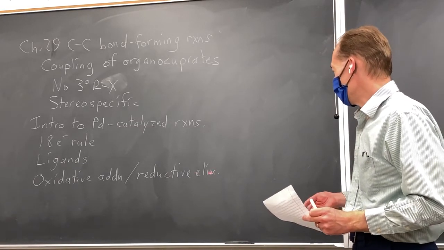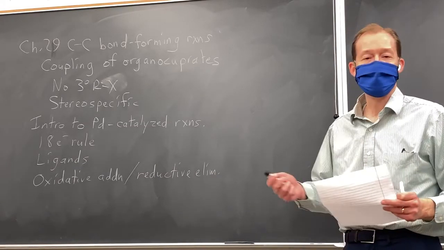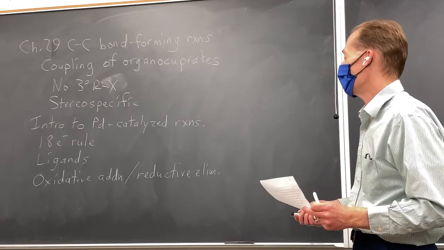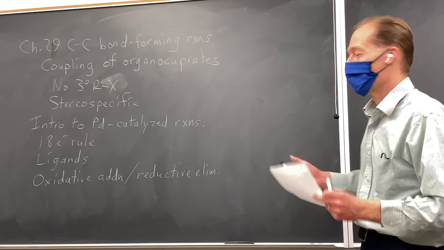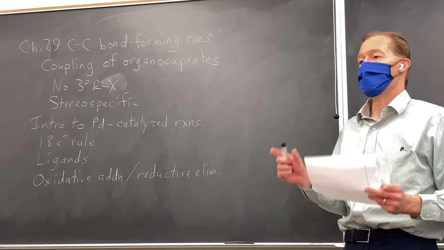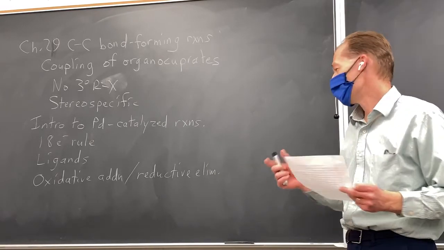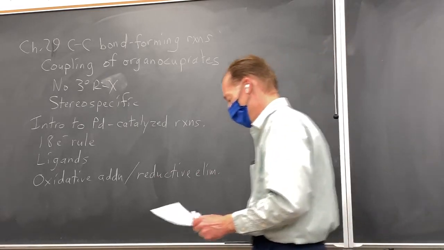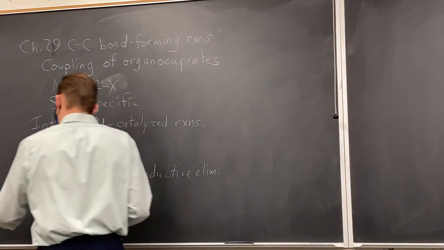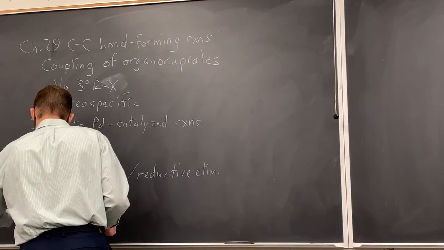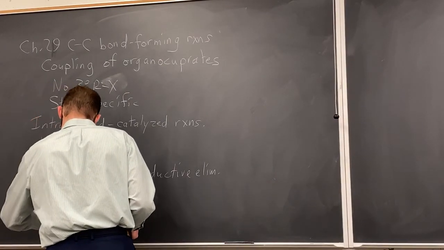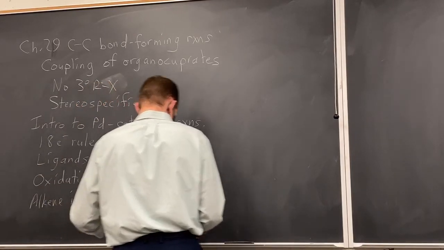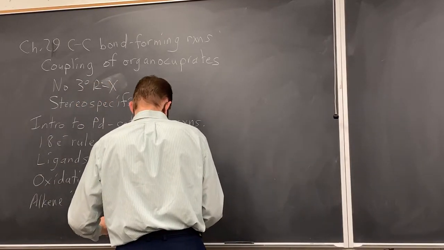And then one important thing to remember about reductive elimination is that it proceeds with retention of stereochemistry in the same way that organocuprate couplings do. Your cis or trans stereochemistry of an alkene will be retained in a reductive elimination. And then we talked about alkene insertion. And that's paired up with beta elimination.